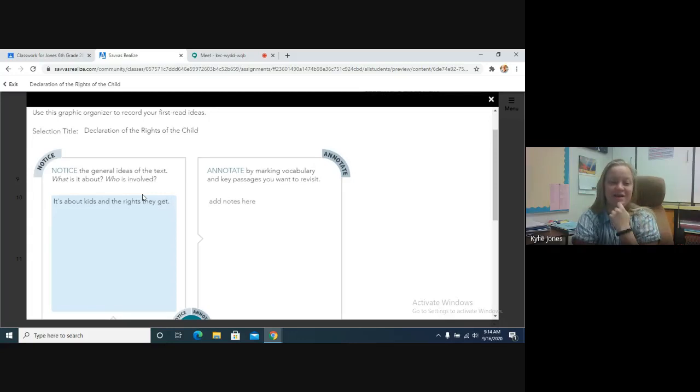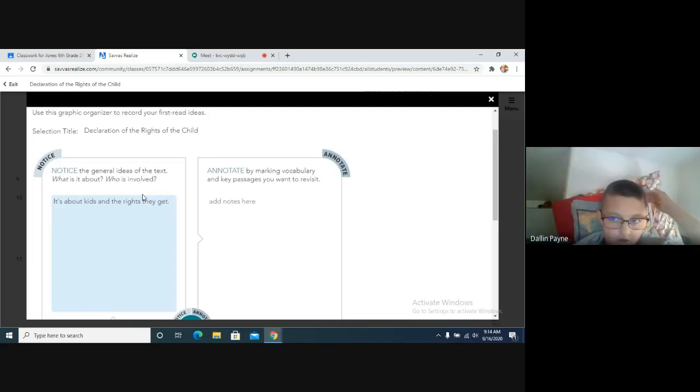There's more than 193 countries in the world. So not every country has really agreed to these laws and follows them. Not all kids are afforded those basic human rights that those of us in the United States get. I wonder if that's why a lot of families move to America.